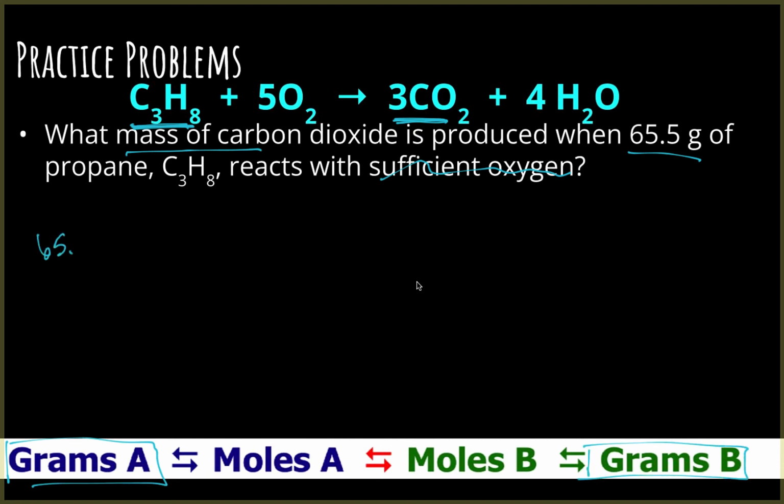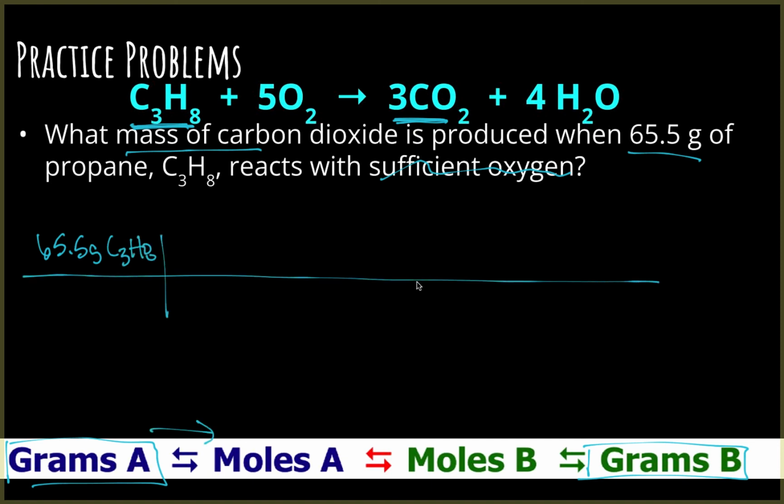So start with what's given. So first step, using a molar mass. So 1 mole C3H8, we have that molar mass, 44.11 grams C3H8 on the bottom.